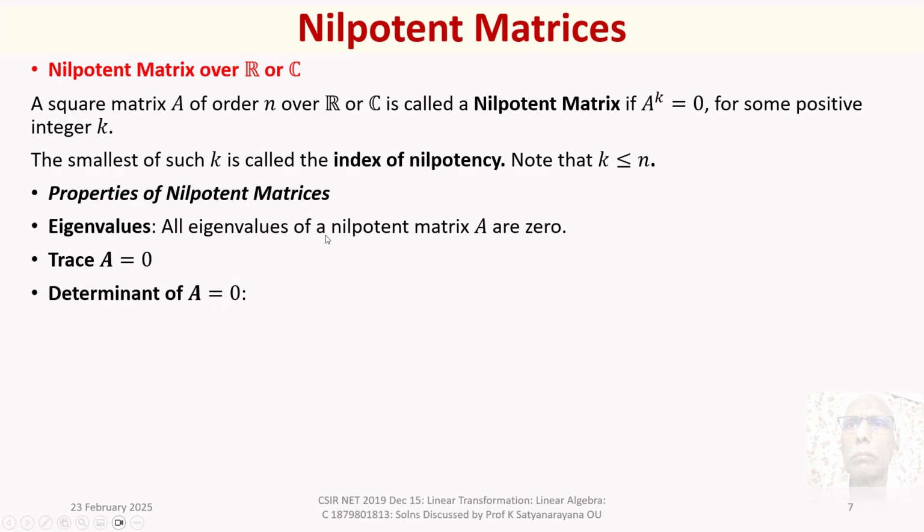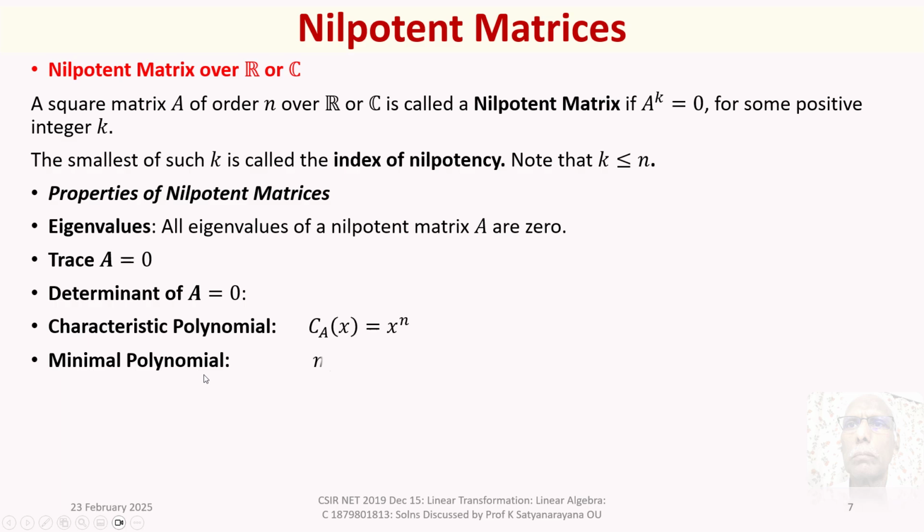If one of the eigenvalues of a matrix A is 0, then the determinant of A is 0. Here, all the eigenvalues are 0, therefore the determinant of A is 0. What is the characteristic polynomial? That will be x to the power of n. What is the minimal polynomial? It is x to the power of k, where k is the index of nilpotency.